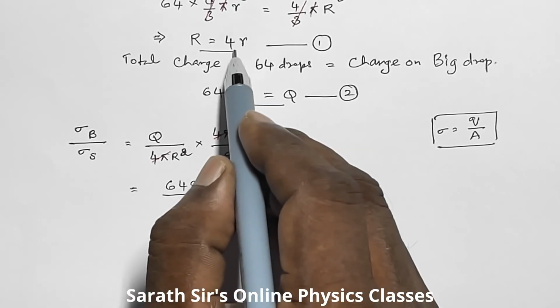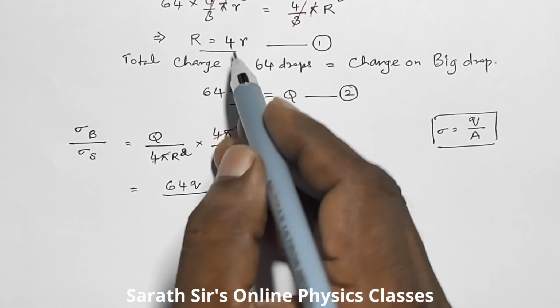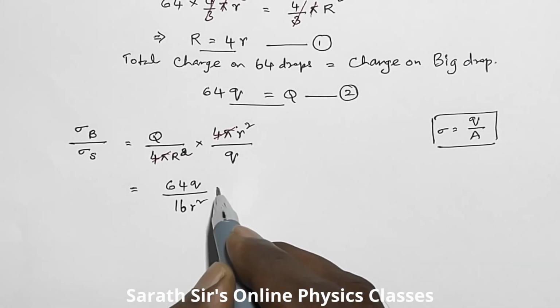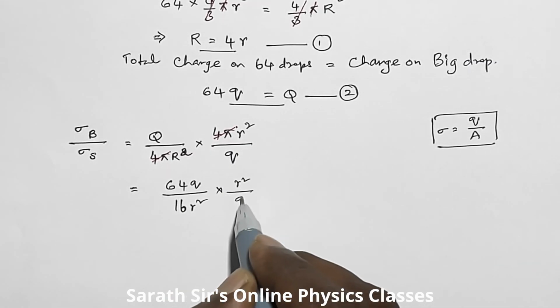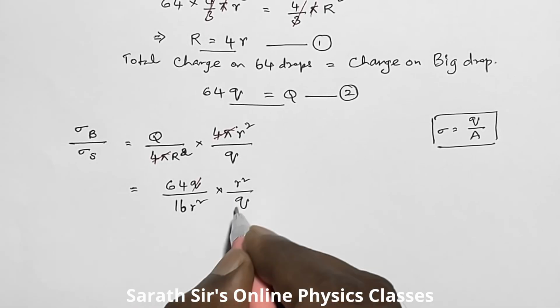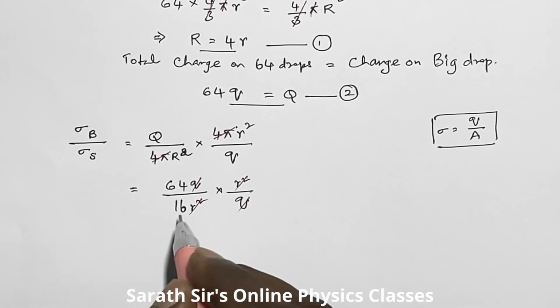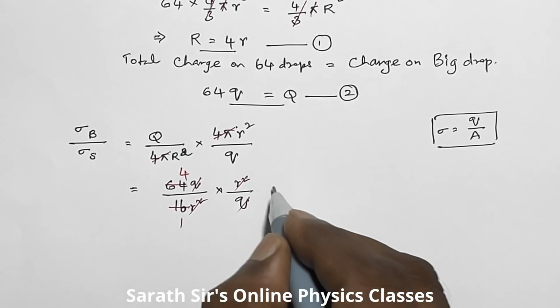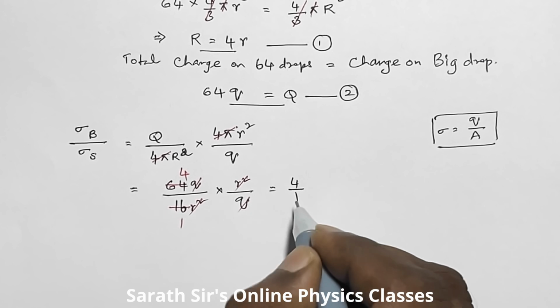Capital R value is 4r, so R square is 16r square. So 16r square into r square by Q. Now the Q cancels, r cancels, 16 ones, 16 fours. So that is equal to 4 by 1.